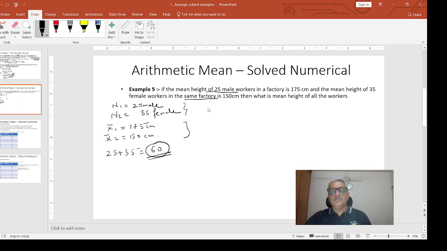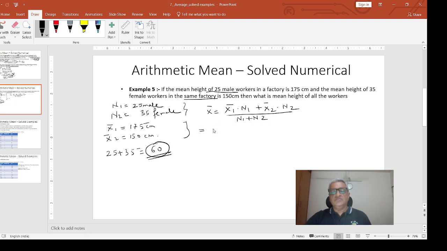And what formula do I use? X bar is equal to x1 bar multiplied by n1 plus x2 bar multiplied by n2, upon n1 plus n2.